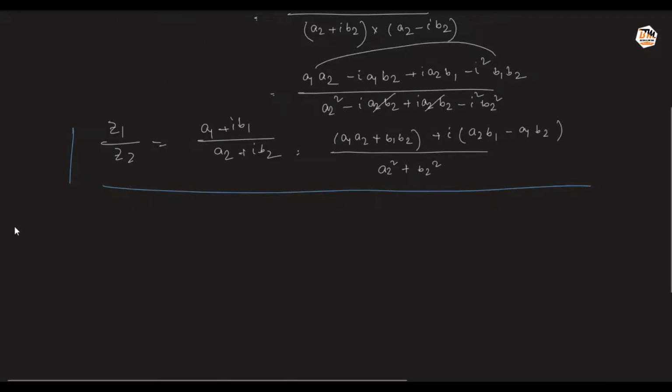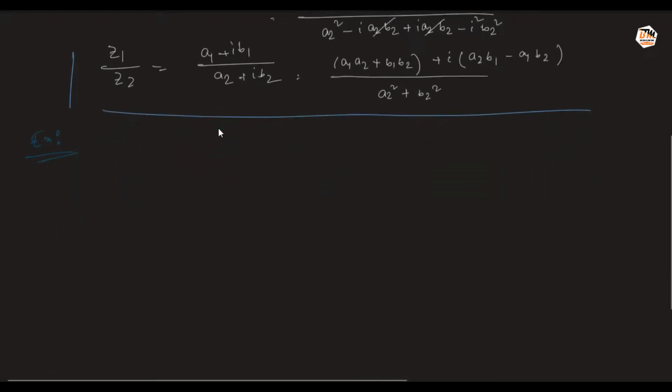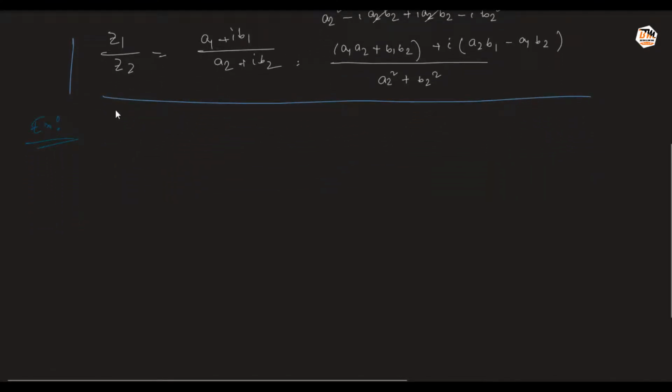Okay, so let's now take an example for better understanding. We'll take z1 equal to say 2 plus 3i and z2 equal to say 4 minus 5i.